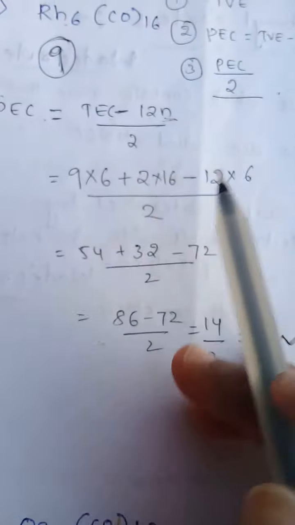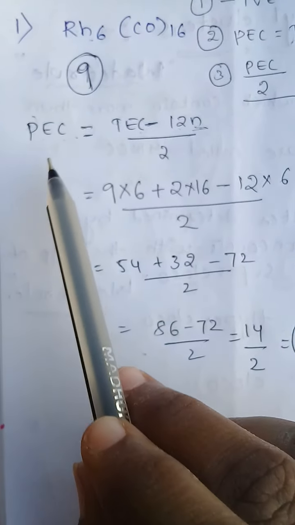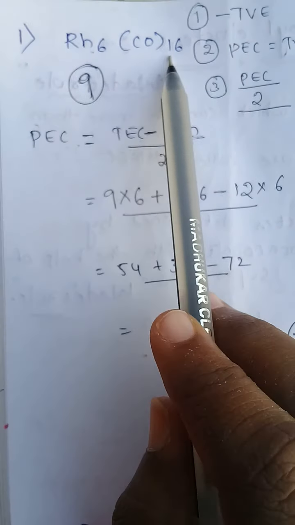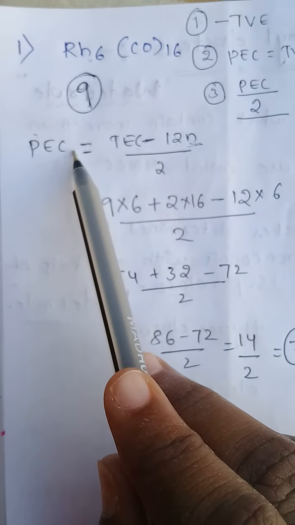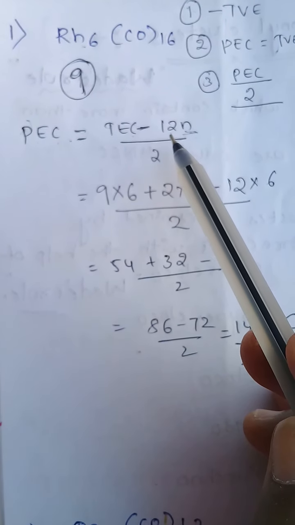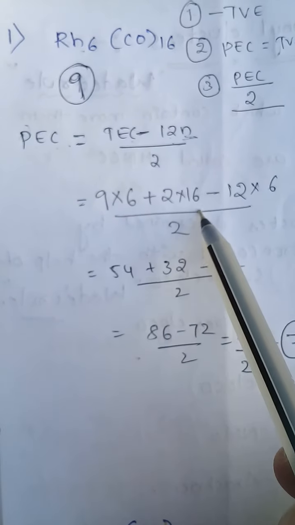This is Rh6(CO)16, and we are determining the structure for this cluster. Polyhedral electron count equals total valence electrons minus 12 into n, by 2. How do we count the total valence electrons?